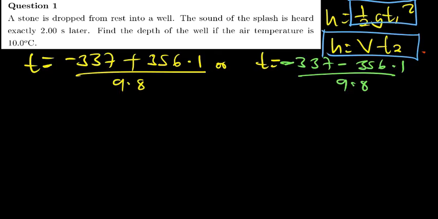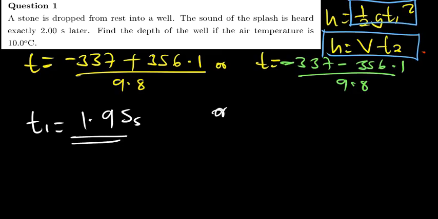So I'm getting t1 will be equal to, now this is t1 which we're finding, 1.94, or I can just round it off and say 1.95 seconds.